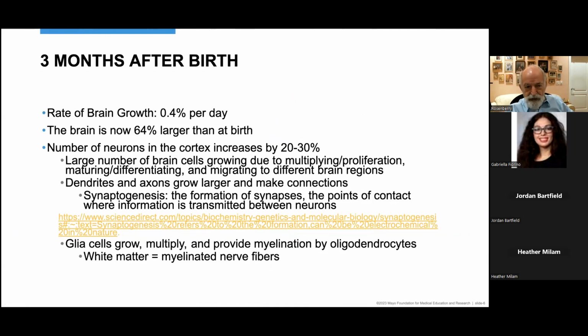It's 64% larger than at birth, and the number of neurons in the cortex increases by 20 to 30%. 3 months after birth, synaptogenesis, the formation of synapses, the points of contact where information is transmitted between neurons, and glial cells are also multiplying and providing myelination by oligodendrocytes. Next.